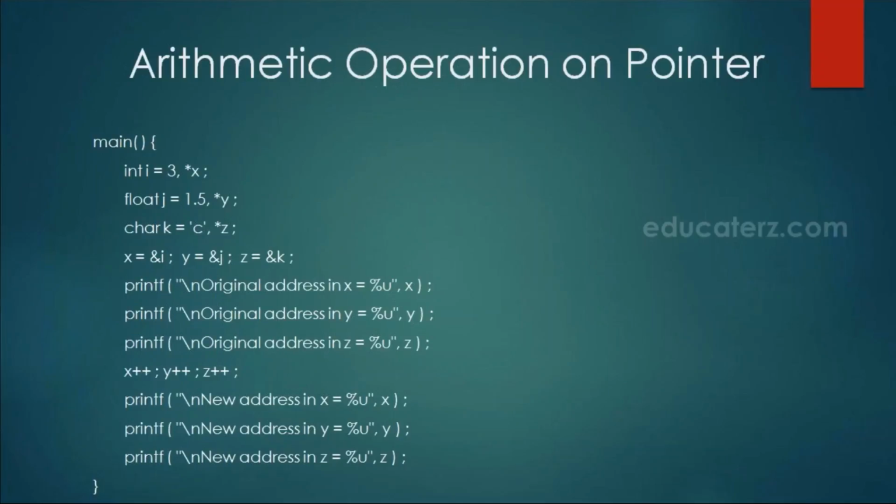Similarly, if I say char *z, then z is pointing to another variable of character type. So we have taken three variables of different types and three pointers.